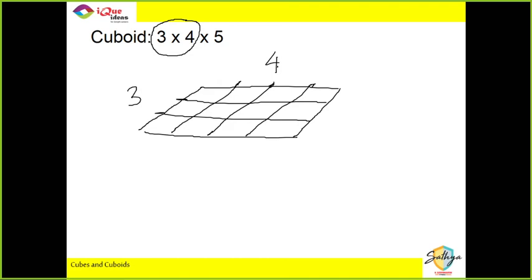Did you get this one? The first part, did you understand how to start making the drawing? Take the first two numbers, 3 and 4. So 3 and 4 का surface बना दिया हमने. Now what is left? The last one is 5. So from here vertically we drop down and divide it into 5 parts. Right?